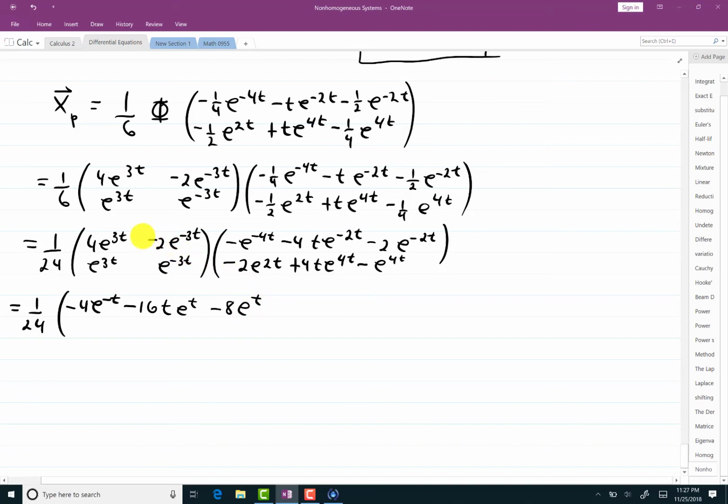And then I have to take this item here and multiply it times this entire second row. So that'll give me 4 e to the negative t plus 4 e to the negative t. And then I'll have negative 8 t e to the t.